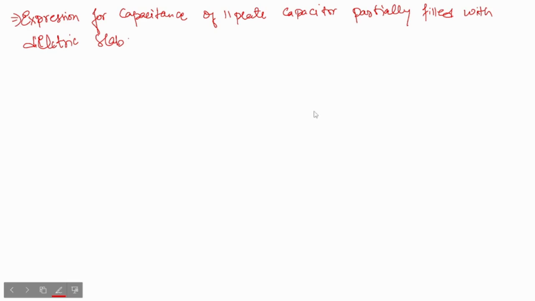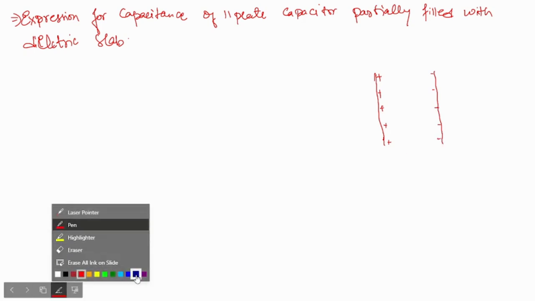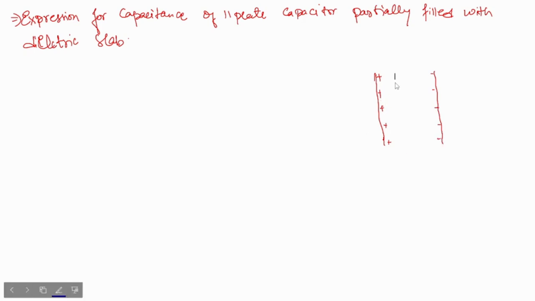Now consider this as the plates of a capacitor. These are having charge, you can see this is having negative charge. Now a dielectric is being partially held inside it.